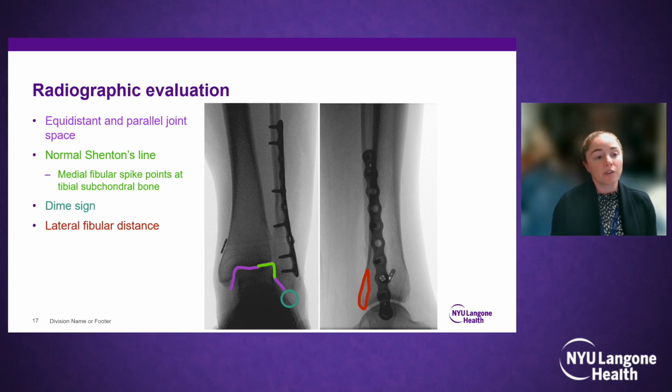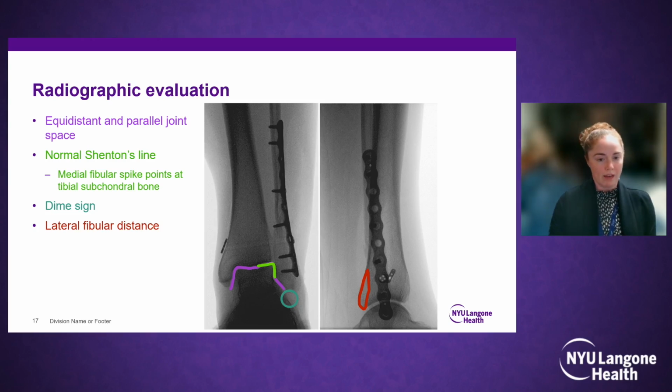And then on the lateral view, you can look at the lateral fibular distance, and you can look at it anteriorly and posteriorly. They found that posteriorly is a little bit more effective, but you want to compare this to the contralateral side. So if you have a really badly displaced syndesmosis, you're not sure what it's supposed to look like, never be afraid to get contralateral x-rays so that you can compare both sides and try to match it appropriately.